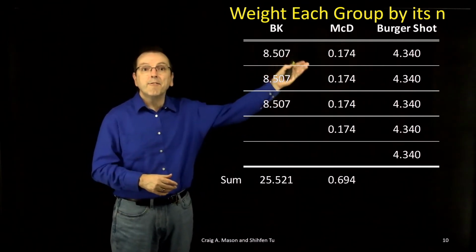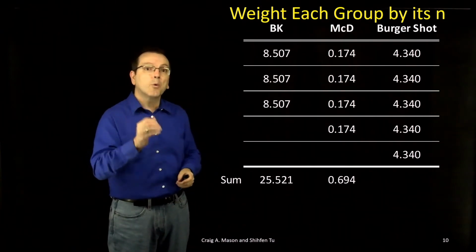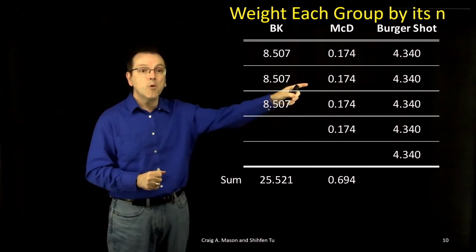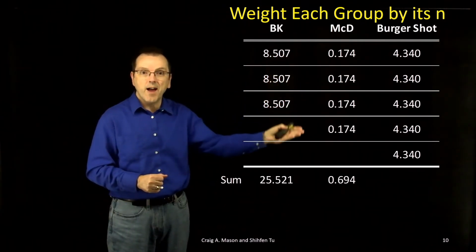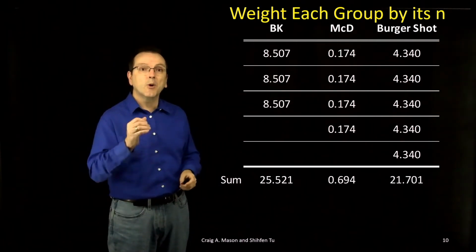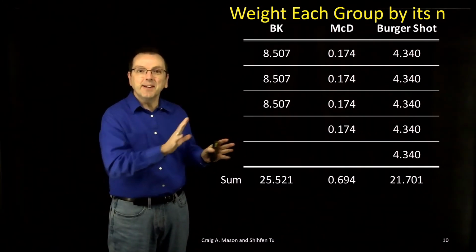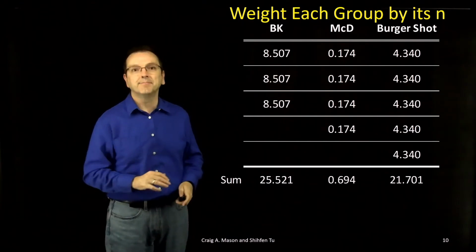And each of the five people in the Burger Shot group has a squared group mean deviation from the grand mean of 4.340. Across all five of them, that sums to 21.701. Yes, your values may be a little different due to rounding. That's okay.